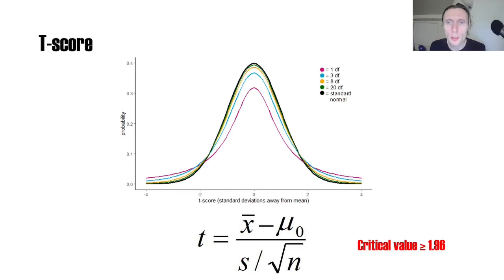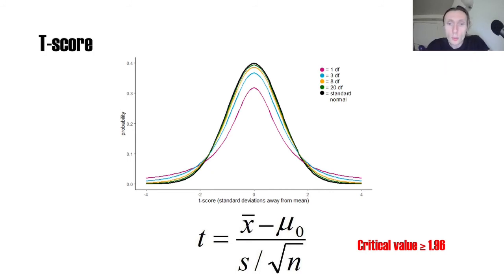So that means if we just have a very few number of participants, for example here in the pink line, with the degrees of freedom, df stands for degrees of freedom, and that's almost the same as the number of participants. It's always number of participants minus 1. I will come back to that later, but just note that the lower the number of participants, the broader this distribution gets.